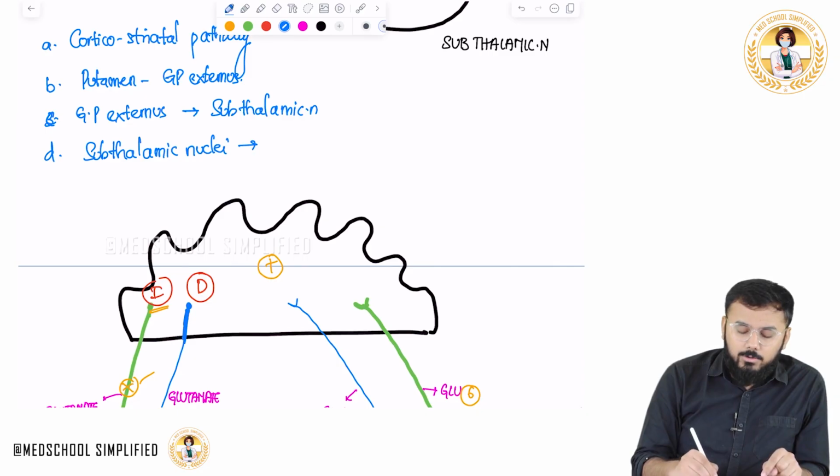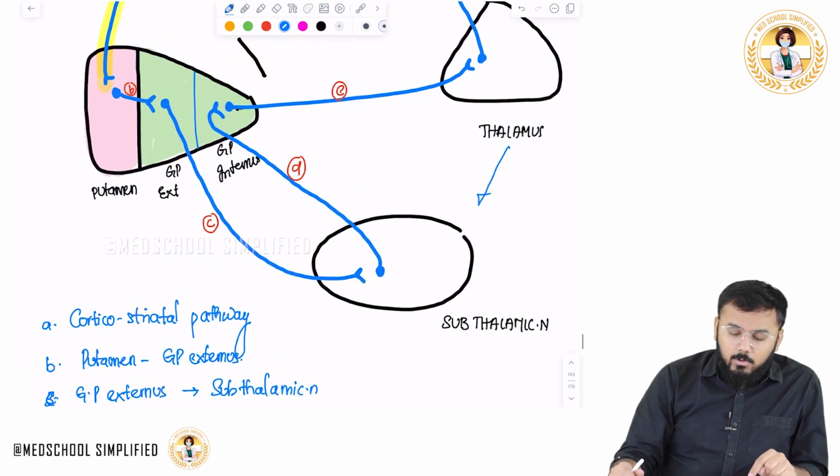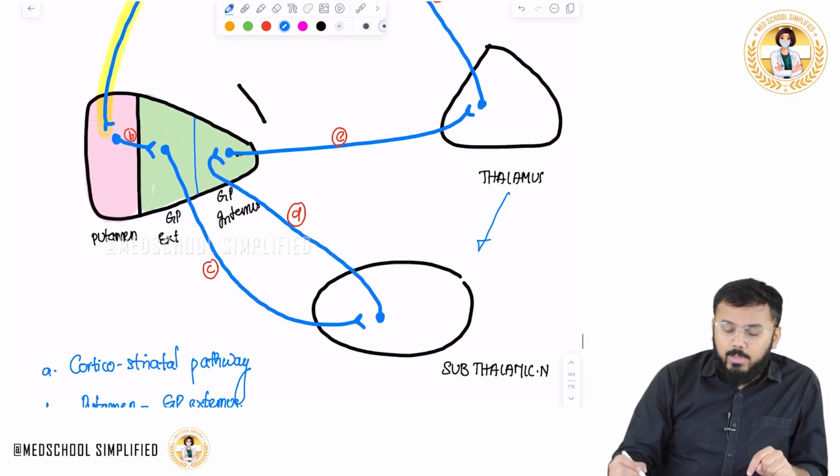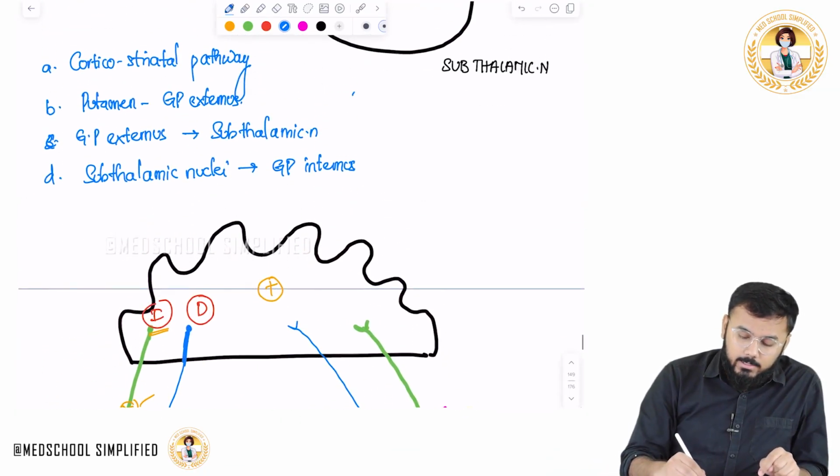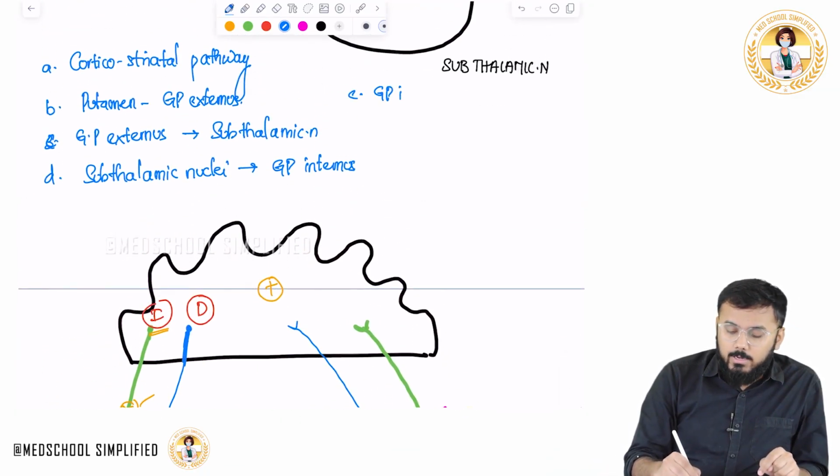From globus pallidus internus, the fibers are going to the thalamus.